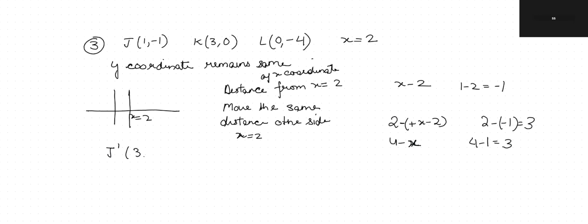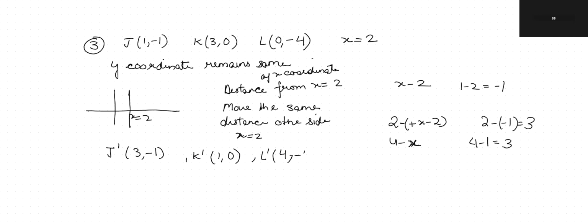We can use this generalized formula to get k dash, which will be 4 minus x, means (1, 0). Okay, and L dash again 4 minus x, means (4, negative 4).